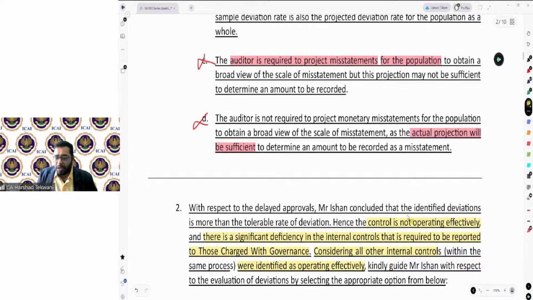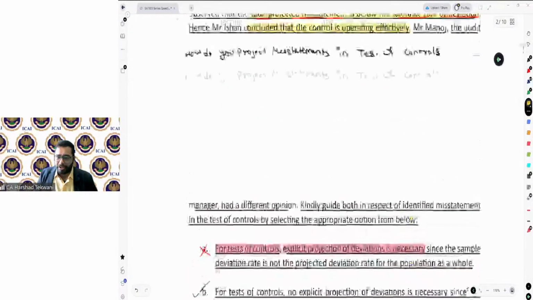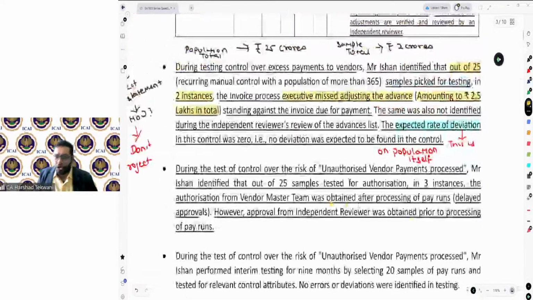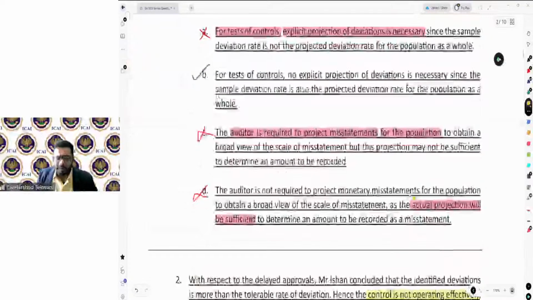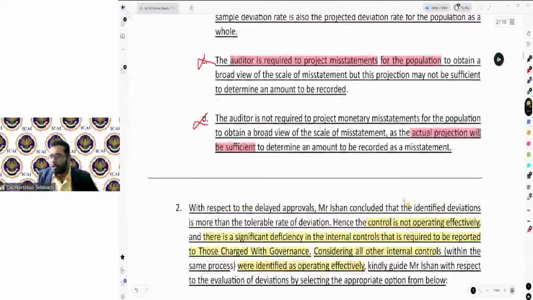Now you tell me whether this particular observation that has been identified, there was a delayed authorization, will you classify as a significant deficiency? And first, before I go to the classification, whether it's a deficiency or not, what do we mean by deficiency? Deficiency in internal control.